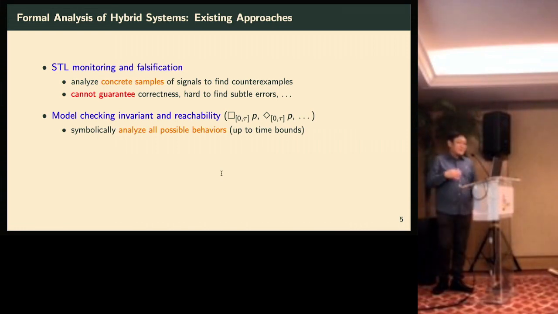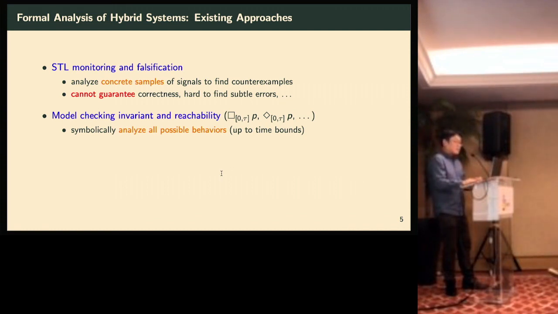There, the hybrid system is specified in some mathematical notation, and from there, it's possible to symbolically analyze all possible behaviors. But those techniques mainly focus on invariant and reachability properties, or slight variations of them. There are many techniques and tools for analyzing invariant and reachability properties to guarantee correctness of hybrid systems.